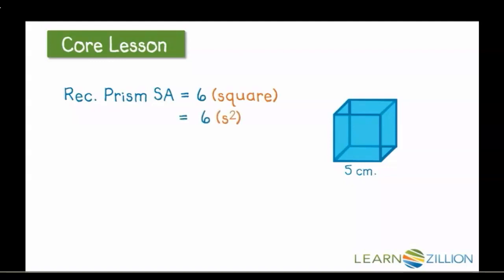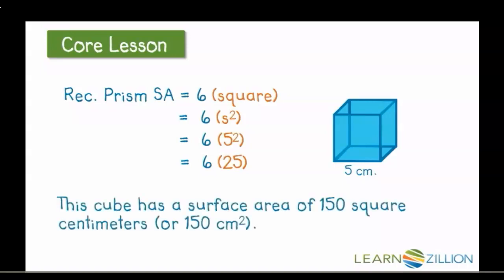We find the area of a square by multiplying the side length times itself, or taking s squared. In this case, the side length is 5, so we're going to take 5 squared and multiply that by 6. And 6 times 25, our final step, before we conclude that this cube has a surface area of 150 square centimeters.